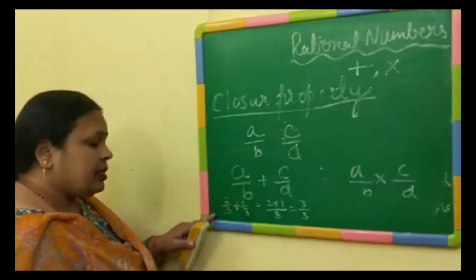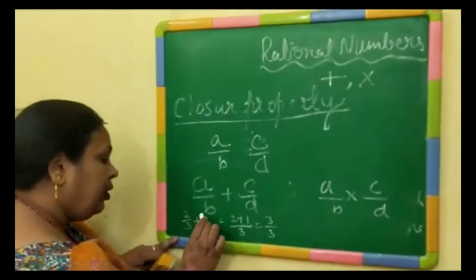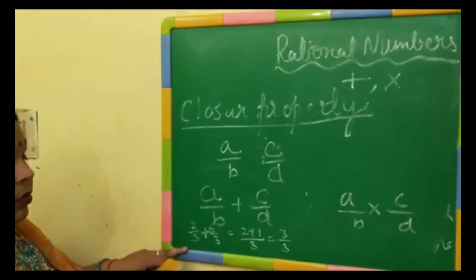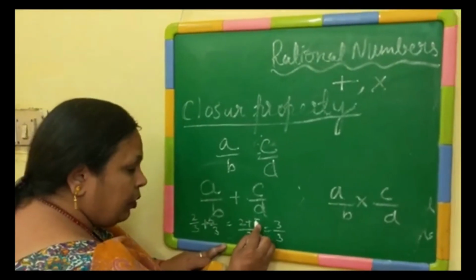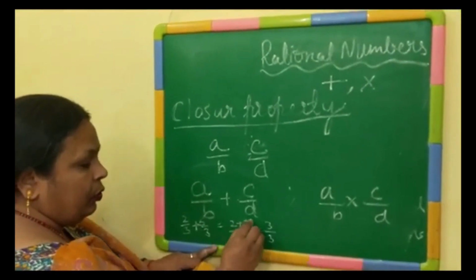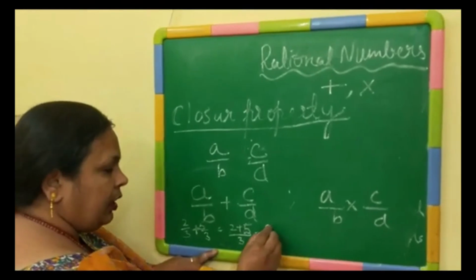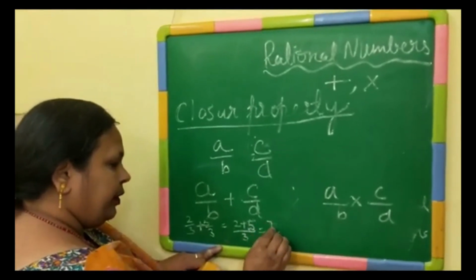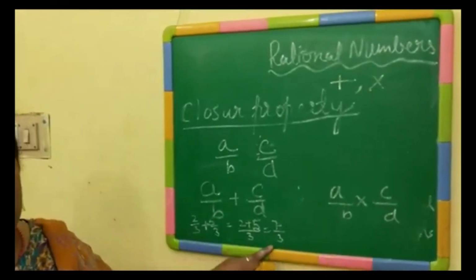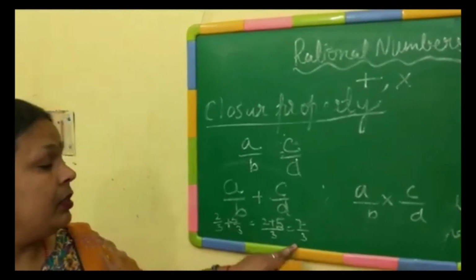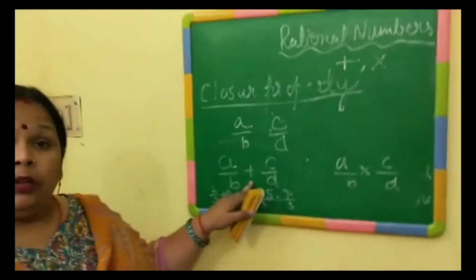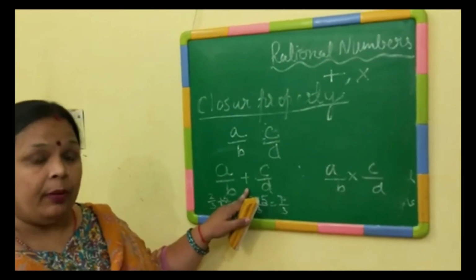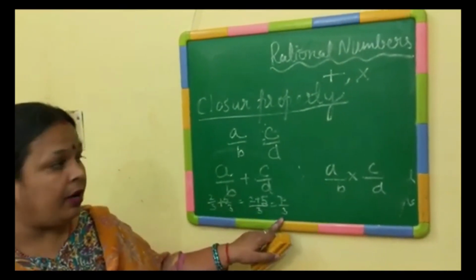If we take 2 by 3 plus 5 by 3, then this becomes 2 plus 5, that is 7 by 3. Clear? Again, this is a positive rational number. It means when we are adding two rational numbers, the resultant will be a rational number.